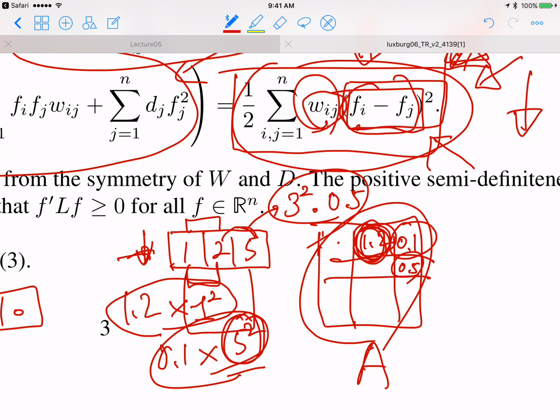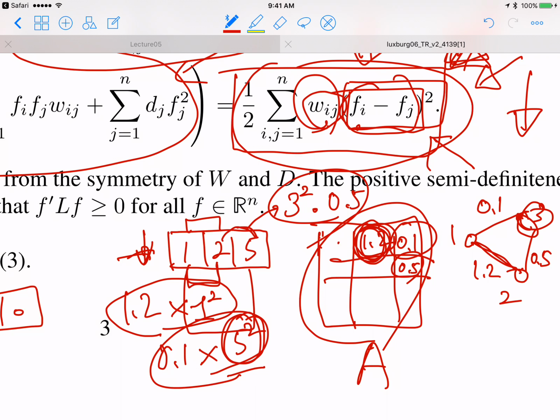So what was the graph of this? We have 3 nodes, 1, 2, 3, and between 1 and 2 we have a really strong edge, and between 1 and 3 we don't have a strong edge, only the strength of 0.1. And between 3 and 2 we have a moderate edge weight.